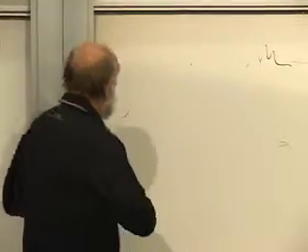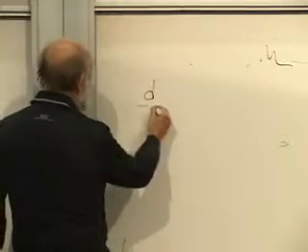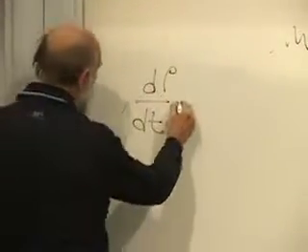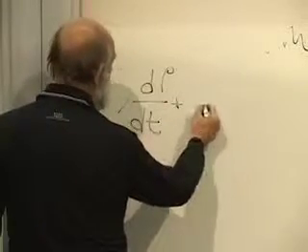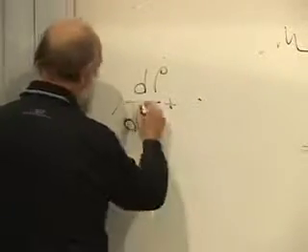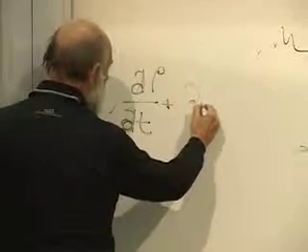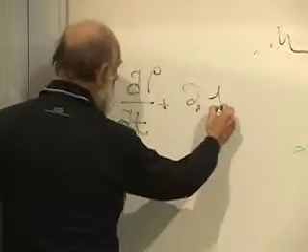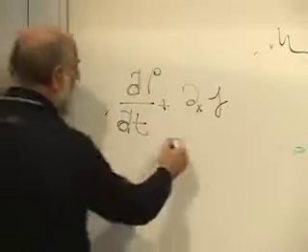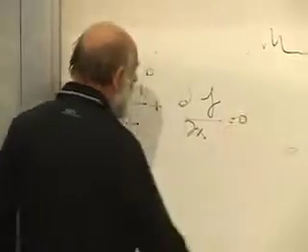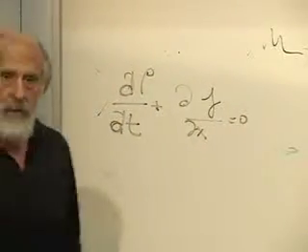The continuity equation is that the time derivative of the density of charge plus the space derivative, in just one dimension, of the charge flow, the current, is equal to 0.